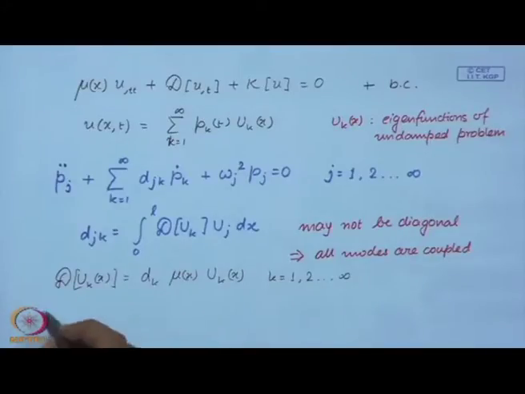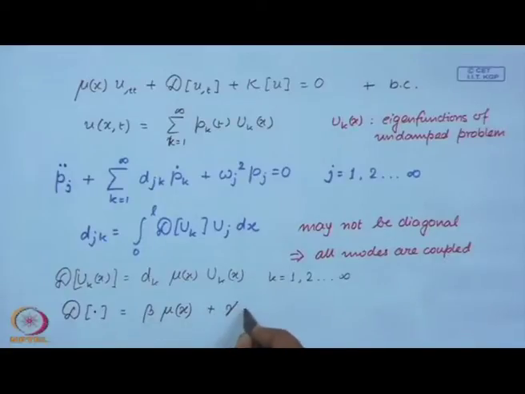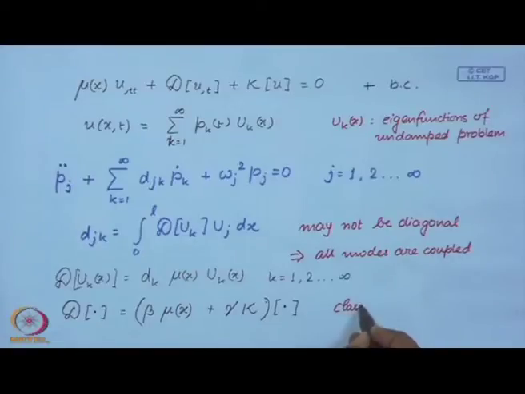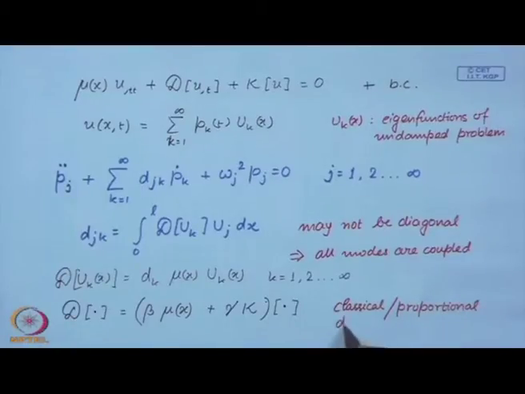So, one choice of this damping operator for which this happens is when the damping operator is a linear combination of the inertia operator and the stiffness operator. Such a damping operator is called the classical or proportional damping operator.